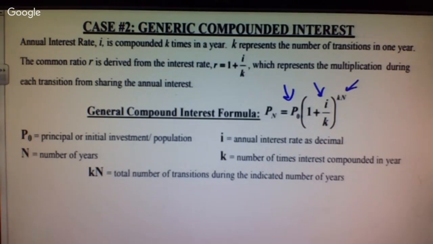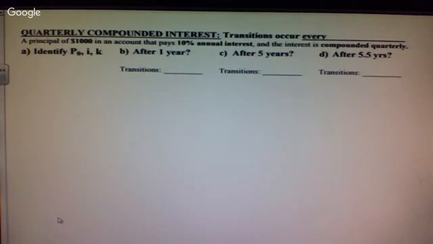But now we've added in a K value. Your interest rate has to be divided by K, and the amount of years or transitions has to be multiplied by K. K represents the number of times it's compounded in a year. So semi-annual would be 2, quarterly would be 4.